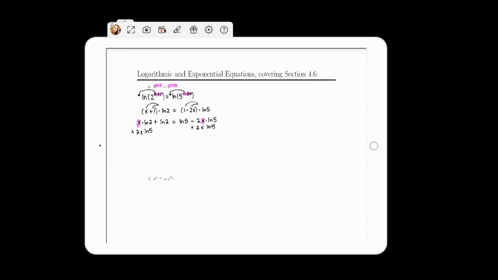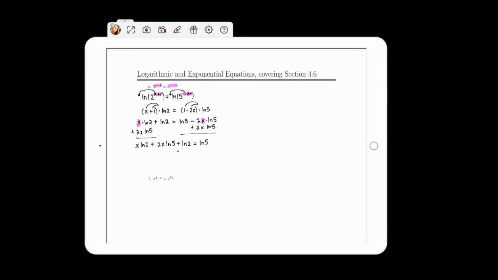Okay, so when I do that, I will be able to have x times the log of 2 plus 2x times the log of 5 plus the log of 2 equals the log of 5. So I have all the x's on one side, but I also want all of the numbers without x on the other side.